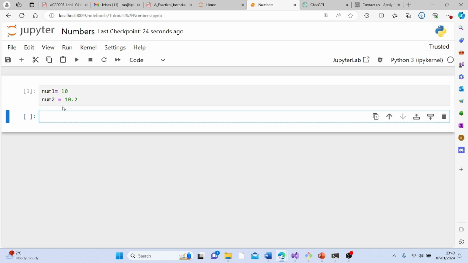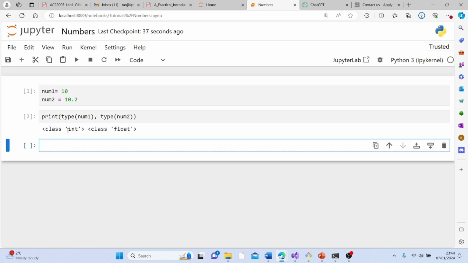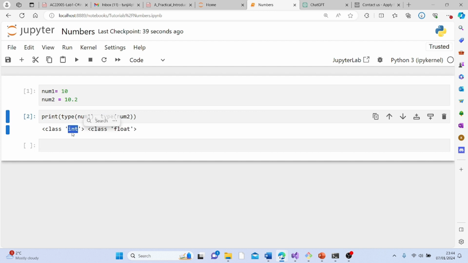If you run this and inspect the types of these two numbers, type of num1, type of num2, you can see that num1 is an integer type and num2 is a floating type because it has values after the decimal point.